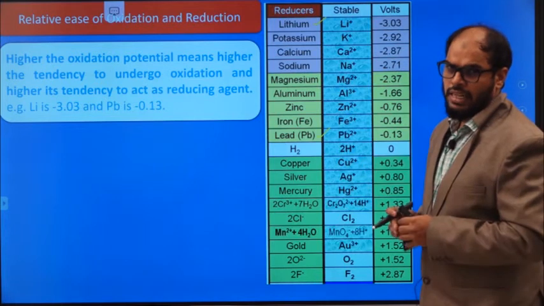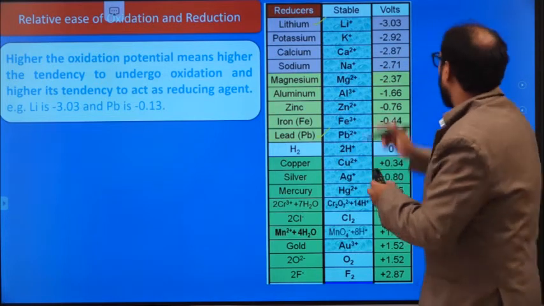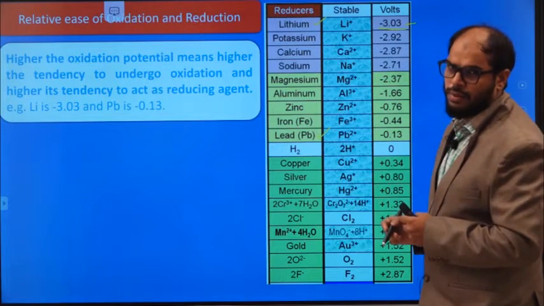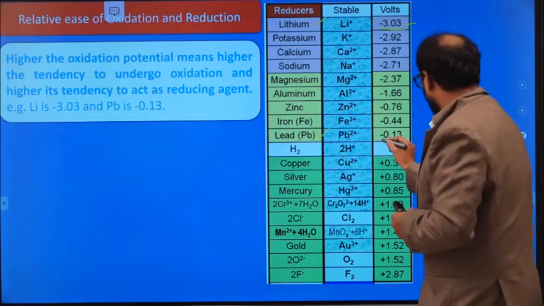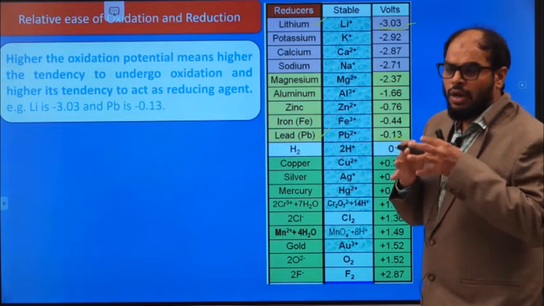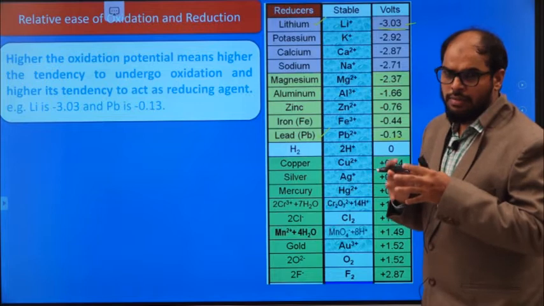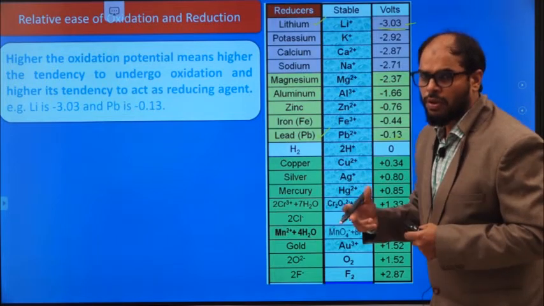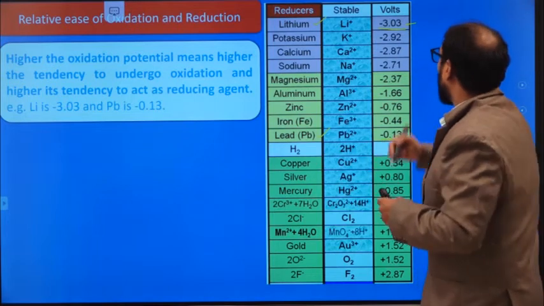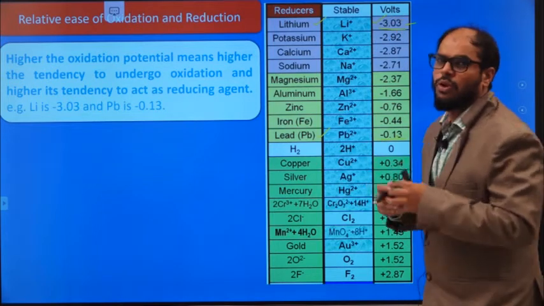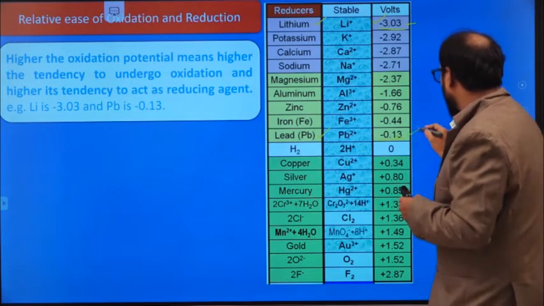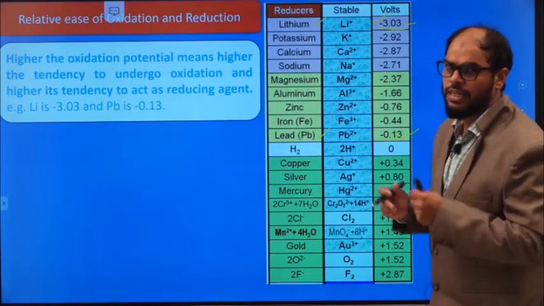From the electrochemical series we can easily see that lithium has a value of minus 3.03 and lead has minus 0.13. While trying to understand which is more electropositive, we should make sure that the element which has the more negative value is more electropositive in nature. The element which has the less negative value is less electropositive in nature.